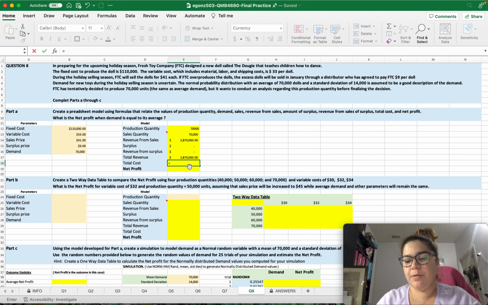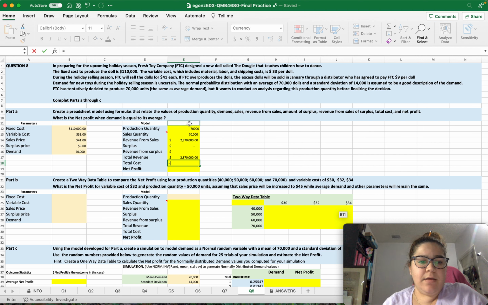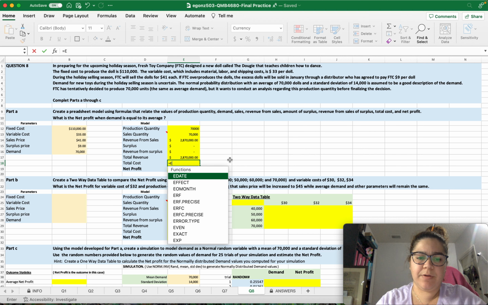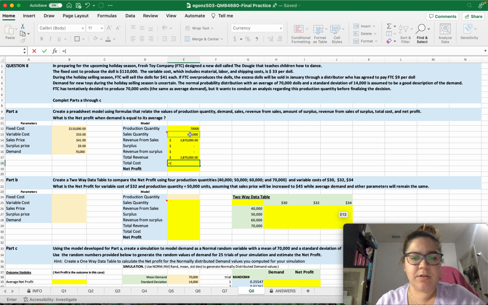For the total cost, let me look up the formula again. Total cost, I had the biggest problem here. So my total cost is going to be the sales quantity times, let me use parentheses because I like it better, the sales quantity times my variable cost, right?